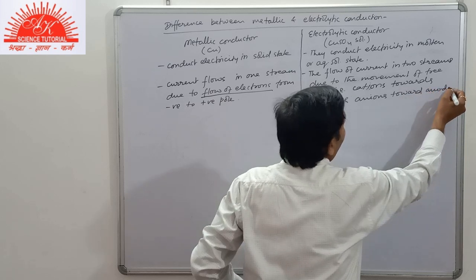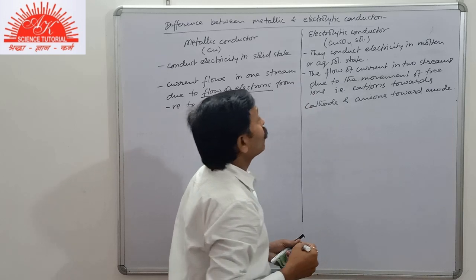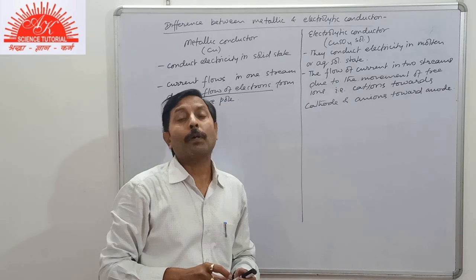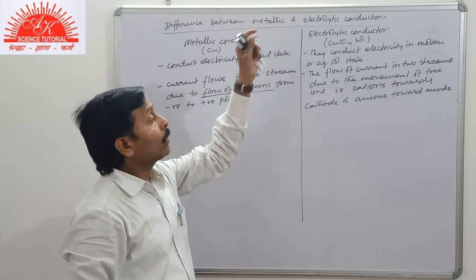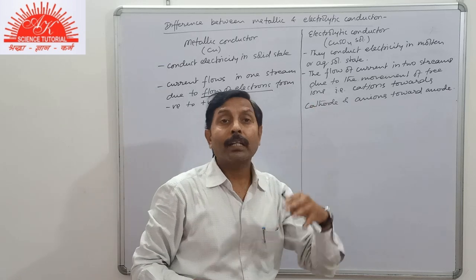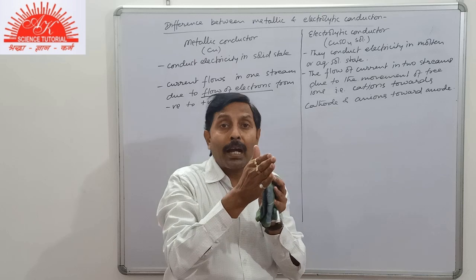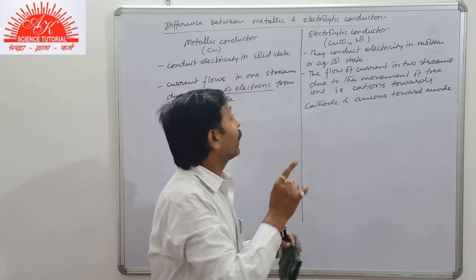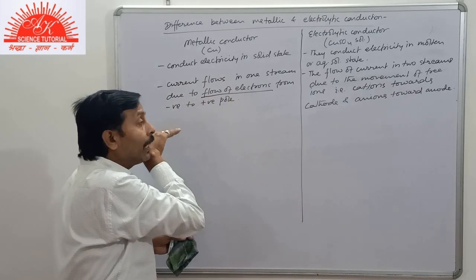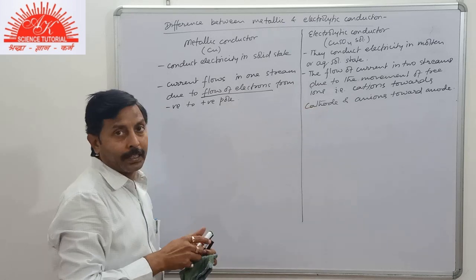So the flow of charged particles takes place in two directions. Cations migrate towards cathode, anions migrate towards anode. So there is bidirectional movement of particles, whereas in a metal the electrons flow only in one direction.